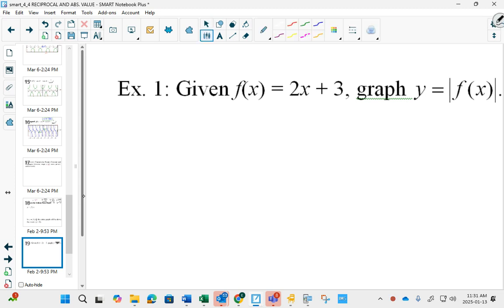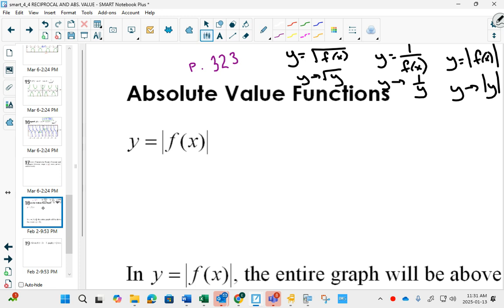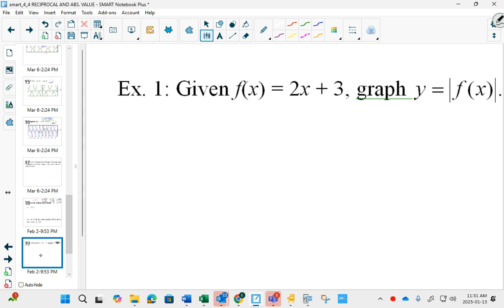So, given f of x equals 2x plus 3, we want to graph the absolute value of f of x. Just like we did in square root graphs and reciprocal graphs, the process is the same. We're going to graph y equals 2x plus 3 first.